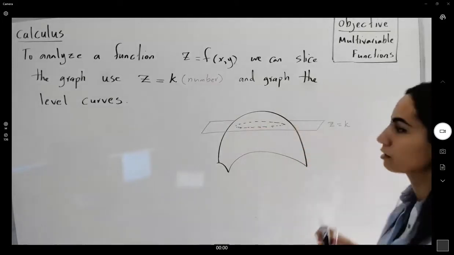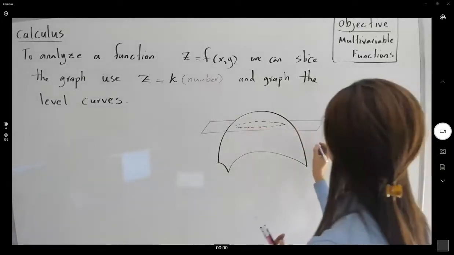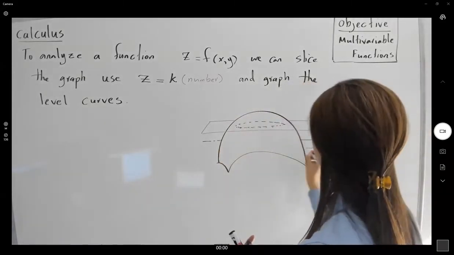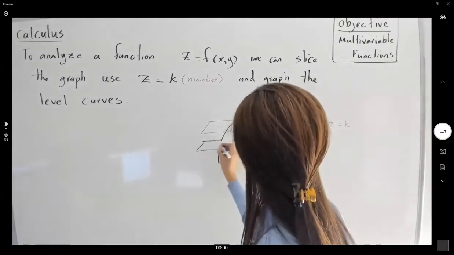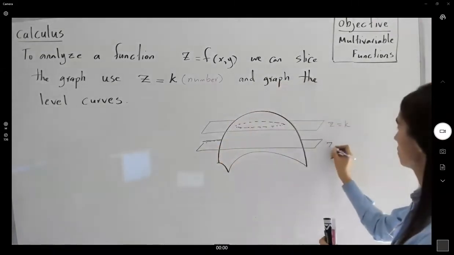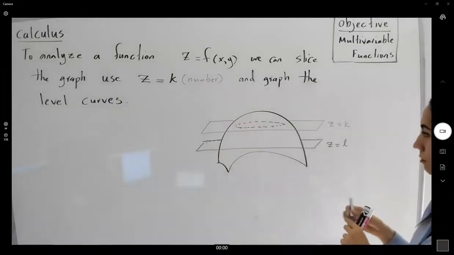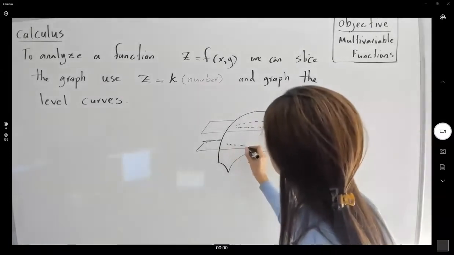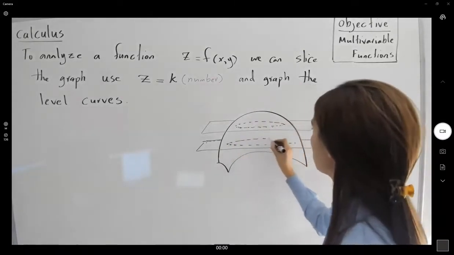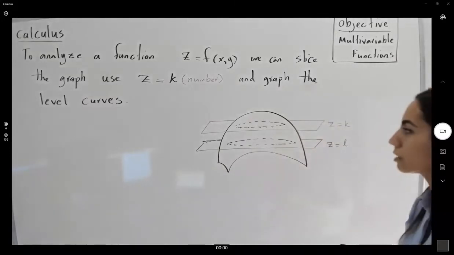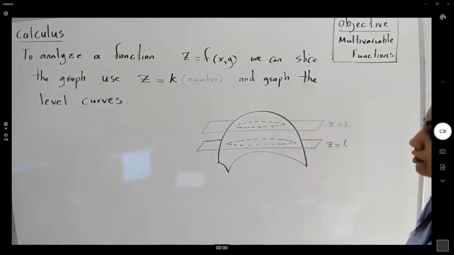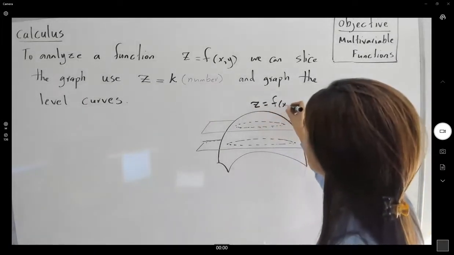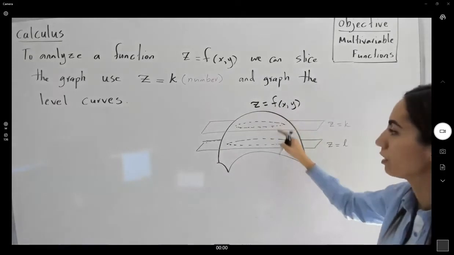Then you slice it by another plane, z equals L, for example, another fixed number, and you get another level curve, which might be elliptical, might be circular, depending on the definition of the function z equals f of x and y. And we start analyzing these level curves.